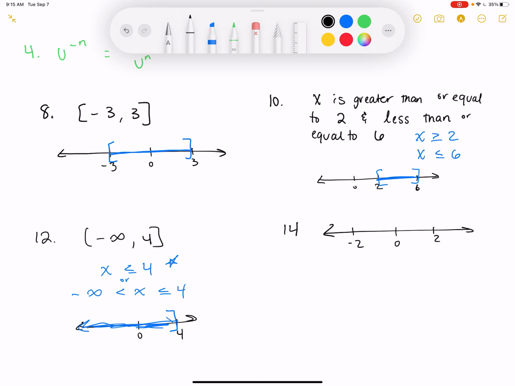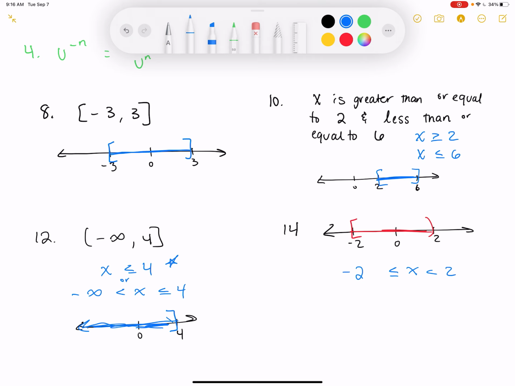The graph given was a bracket at -2 and a parenthesis at 2, filled in between. That gives us -2 less than or equal to x, less than, just less than, 2, because it's in that area.